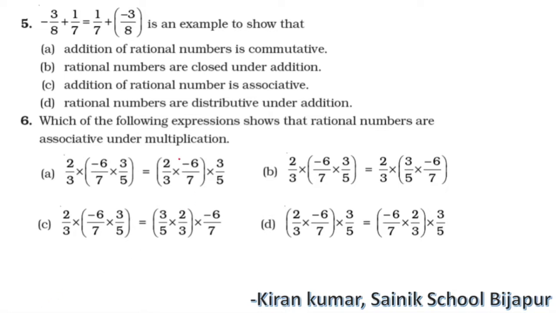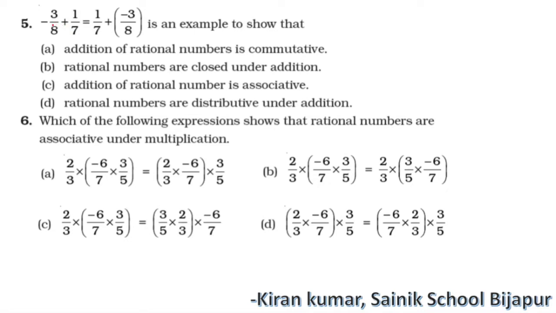Statement number 5. Minus 3 by 8 plus 1 by 7 equal to 1 by 7 plus minus 3 by 8 is an example to show that addition of rational numbers is commutative. If we simplify this, we get left hand side equal to right hand side.